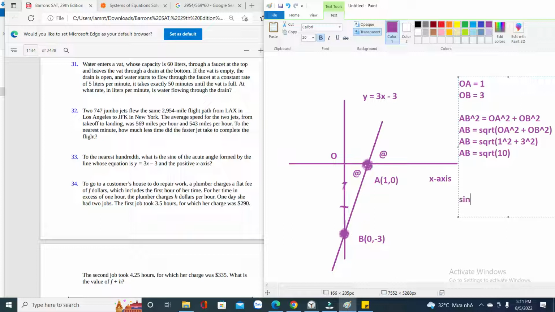Alright, so we know that the sine of alpha is the opposite over the hypotenuse, right? So it's just going to be OB over AB. So OB is equal to 3 over the square root of 10.